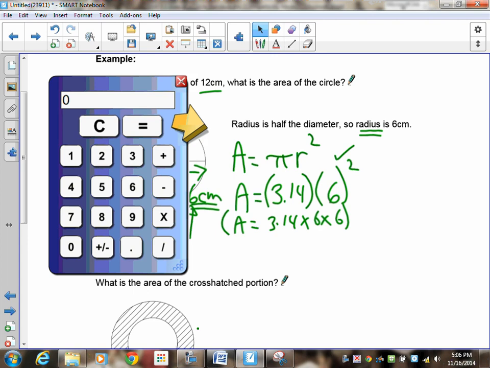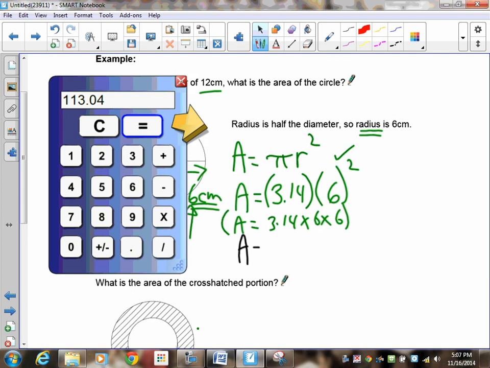I'm going to take 3.14, multiply that by 6, and then multiply it by 6 a second time, press equals. So your final answer is 113.04. And remember, it's an area and working in centimeters, so it is centimeters squared.